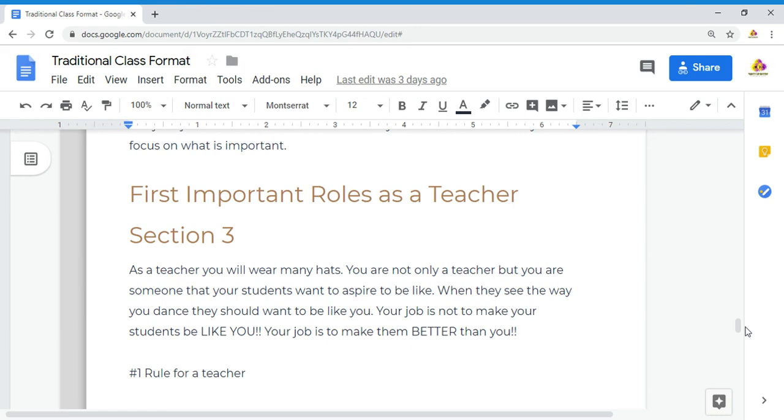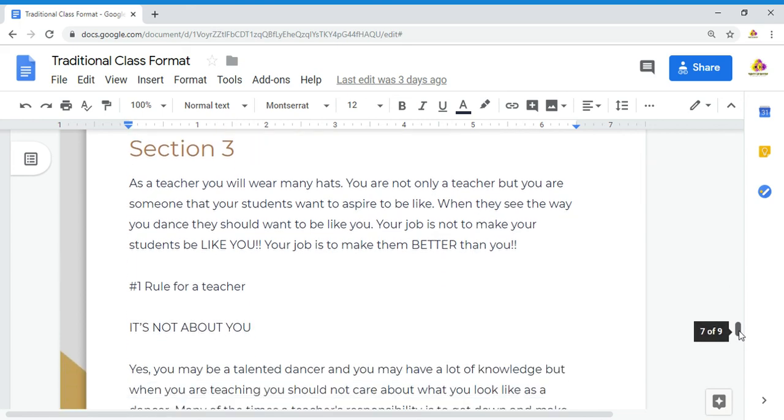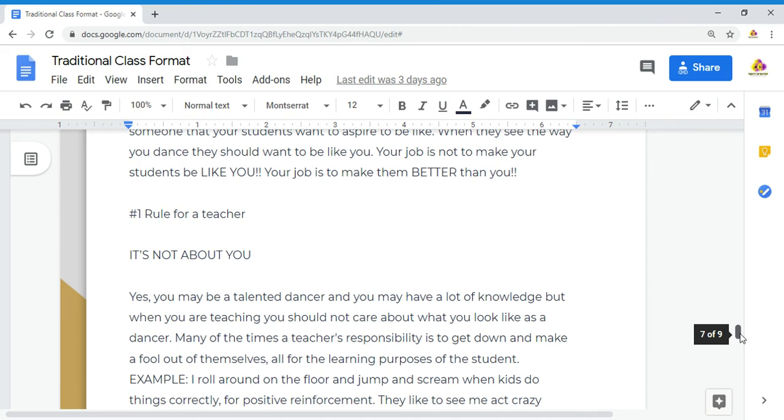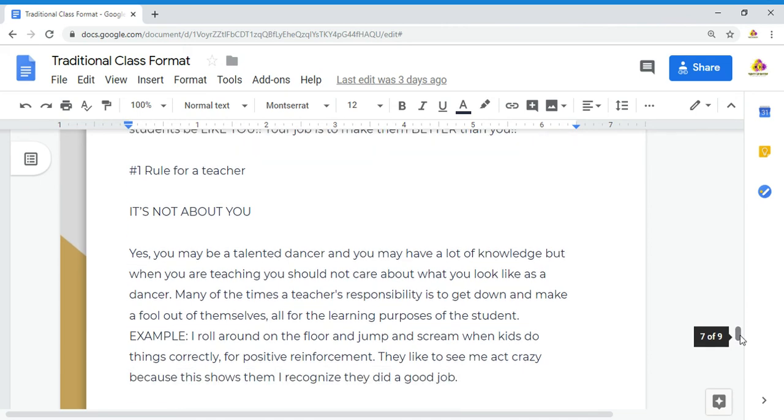You have to understand that as a teacher, it's not about you. And it says it right there. As you're growing into becoming a teacher, you've got to do whatever it takes to give your students the proper education they need. You don't hold back at all.